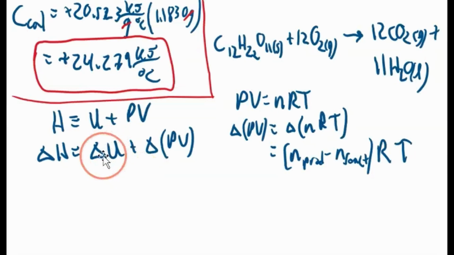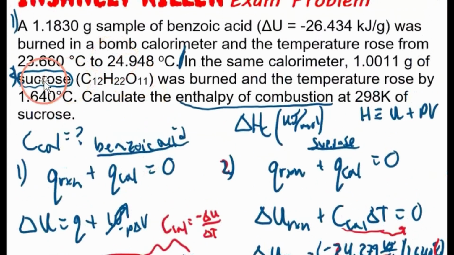And this term here, this is a very important point. This term is the change in internal energy that we measured from the calorimeter, right? This is measured from the calorimeter. This term we get from the balanced equation. So this term here has a temperature that changes, right? I'm going to scroll up. The temperature is changing by 1.640 degrees.